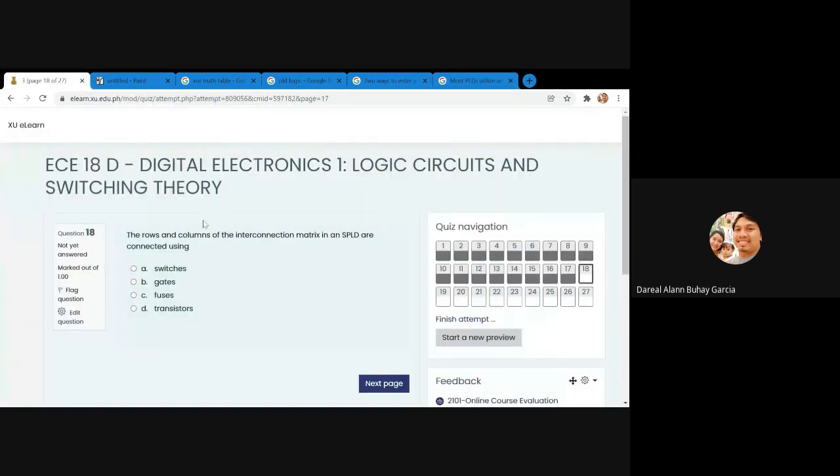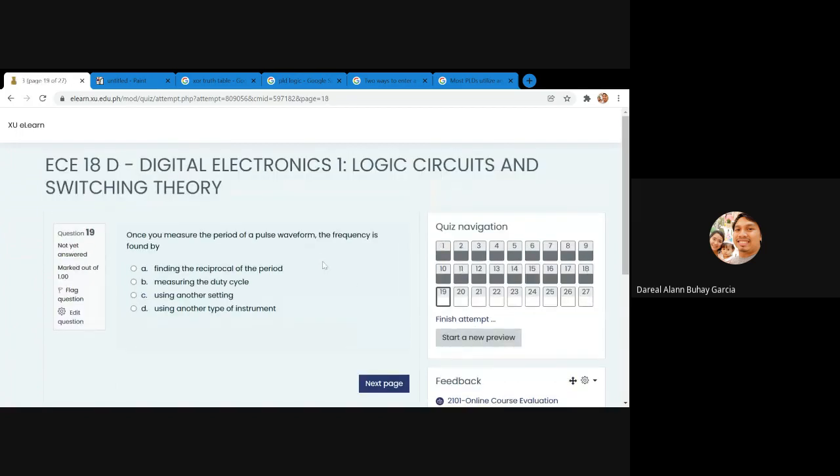Switches, gates? Gates, siguro? B? Fuses? Fuses daw.